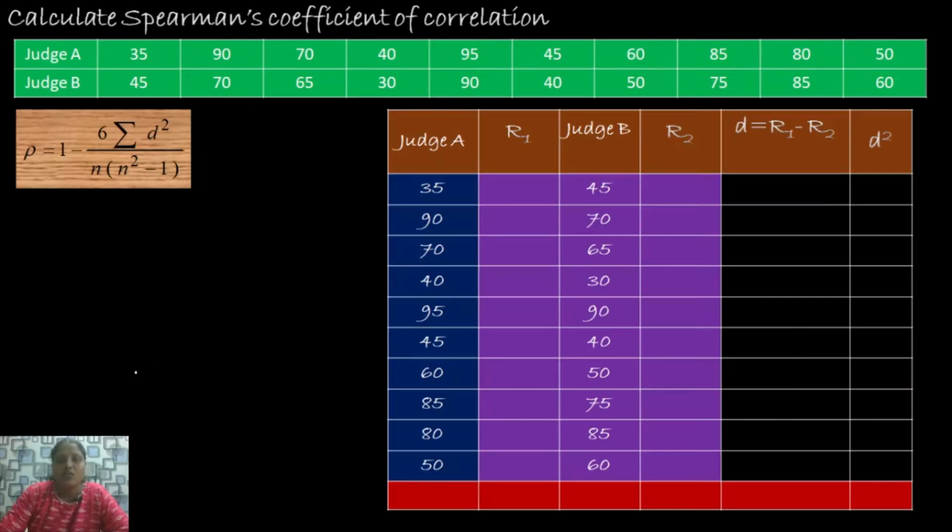For that, let me now construct a table. The first column consists of the marks given by Judge A and the third column consists of the marks given by Judge B. Here R1 denotes the rank assigned by Judge A and R2 denotes the rank assigned by Judge B. Now we are going to first assign the rank.